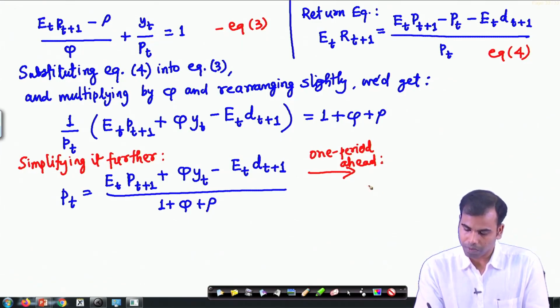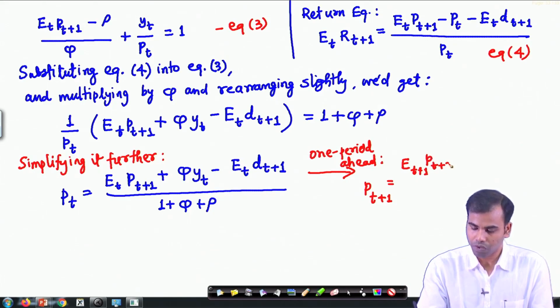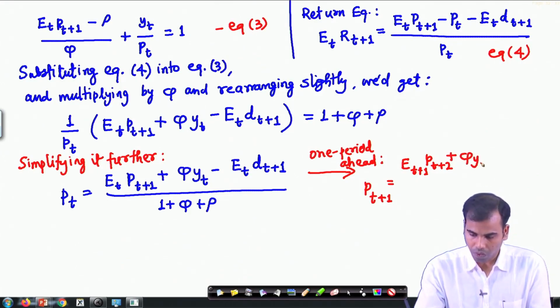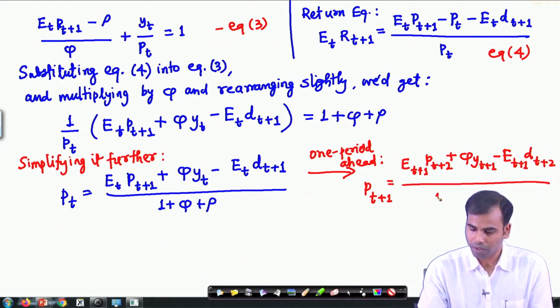So, price at time t plus 1 will be expectation at t plus 1 of price t plus 2 plus phi y t plus 1 minus expectation t plus 1 of d t plus 2, divided by 1 plus phi plus rho.